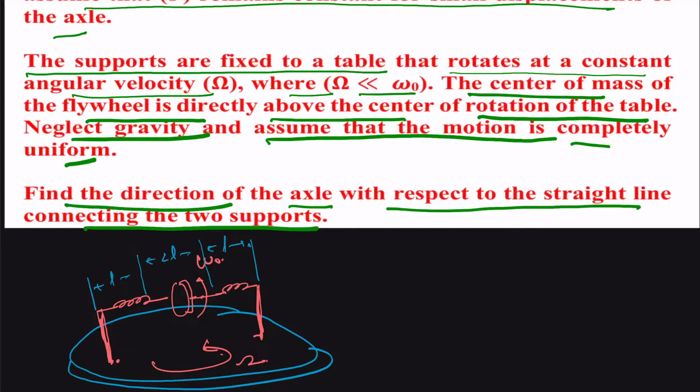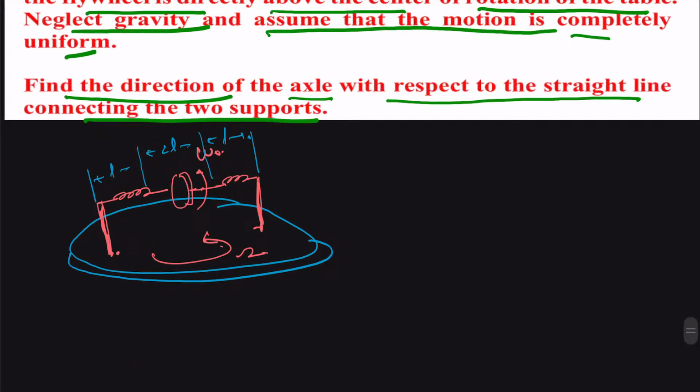So let us write the things which are given to us. First thing, the flywheel moment of inertia about its axle. This is the axle, the line which is connecting the spring.